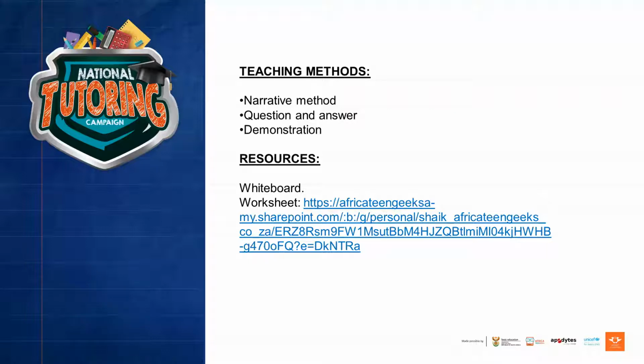The teaching methods which I'm going to be using today are the narrative method, question and answer, and a demonstration. Basically, I'm going to be working with examples to make you understand the section a little bit easier. I've also uploaded a worksheet for you guys, the worksheet that I'm going to be working with, and you can download that as well.